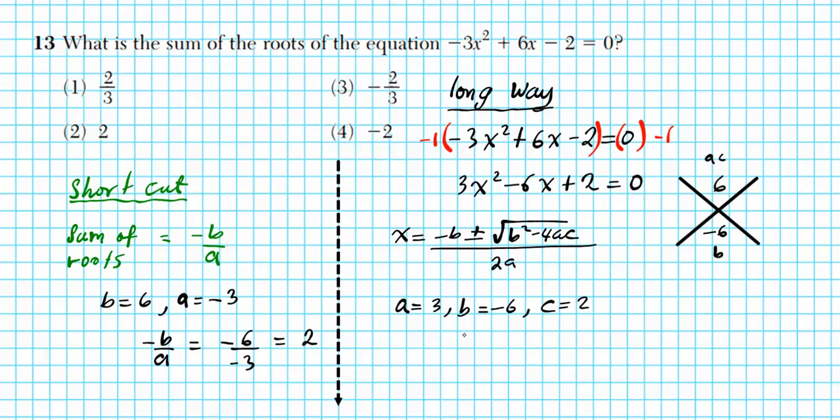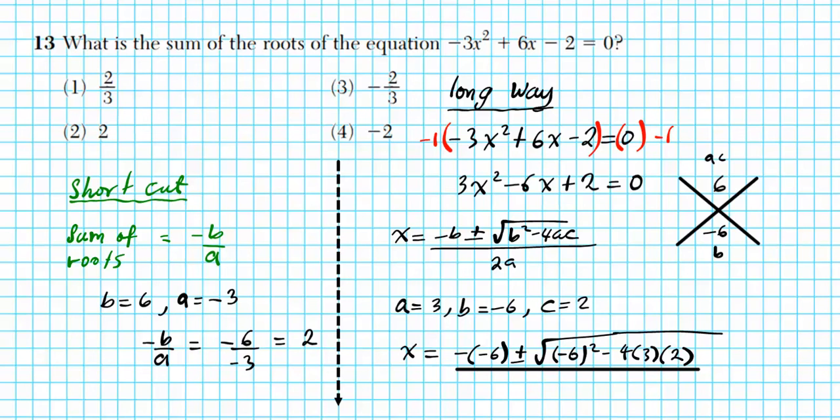Okay, so let's plug it into the quadratic formula. x equals negative negative 6 plus or minus the square root of negative 6 squared, minus 4 times 3 times 2, this entire thing divided by 2a. So that's divided by 2 times 3.